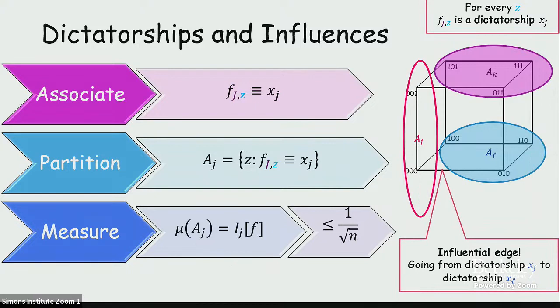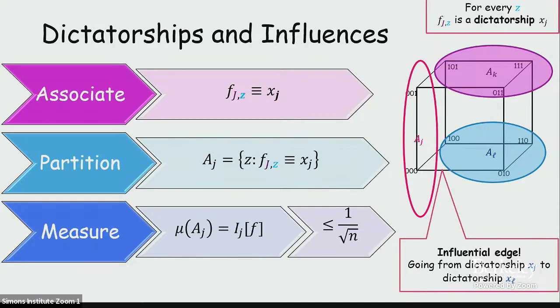We can see that every edge in between is influential, because it's going from dictatorship x_j to dictatorship x_L. So actually, it's not all the edges. Half of them are going to be influential, whenever x_j and x_L have different values. It's hard to see.